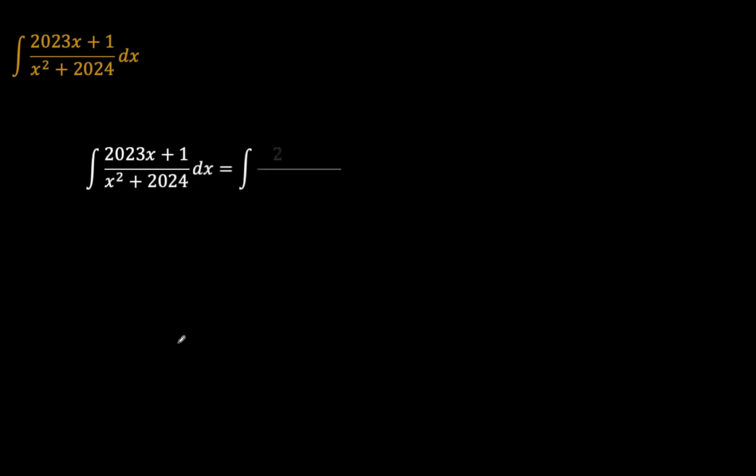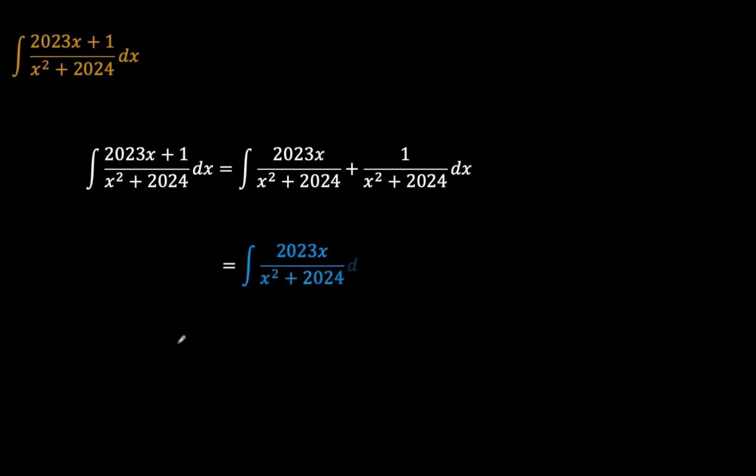So we would split it into 2023x over x squared plus 2024 plus 1 over x squared plus 2024. If we create these as 2 separate integrals, we have the blue integral and the green integral, the blue being 2023x over x squared plus 2024, and the green one being 1 over x squared plus 2024. So we would solve these integrals separately.